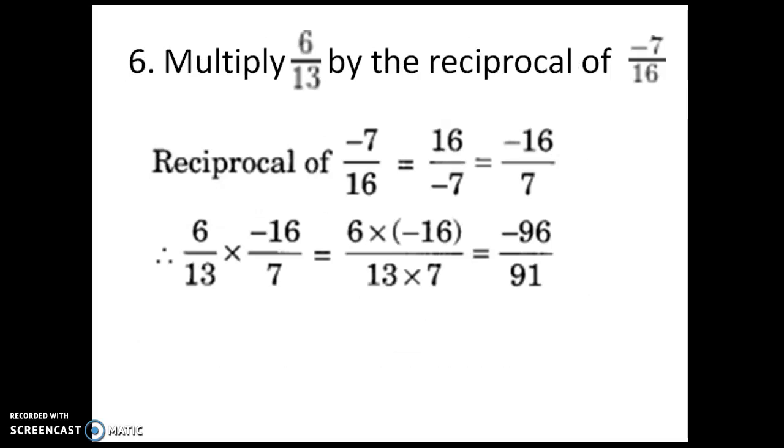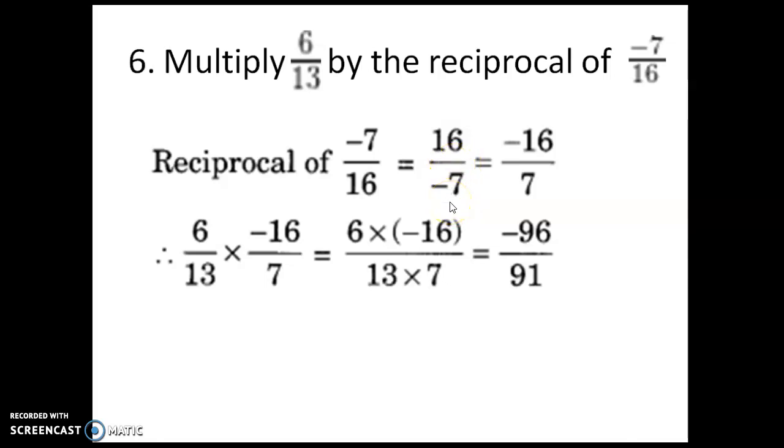Multiply 6 by 13 by the reciprocal of minus 7 by 16. This number has to be multiplied by the reciprocal of this number. The reciprocal of minus 7 by 16 is the multiplicative inverse.